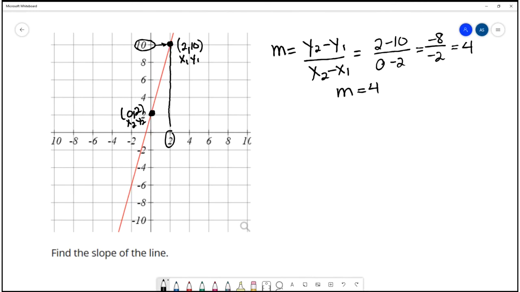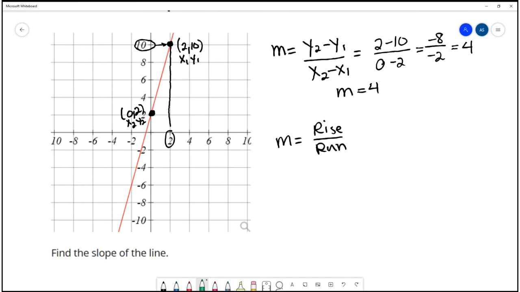Now we can use these same 2 points to calculate the slope in a different way. The slope is rise over run. Rise is the vertical change, over run the horizontal change.